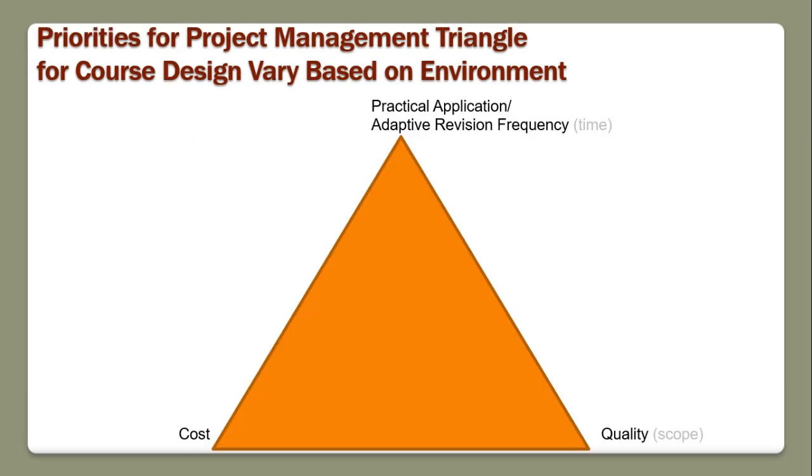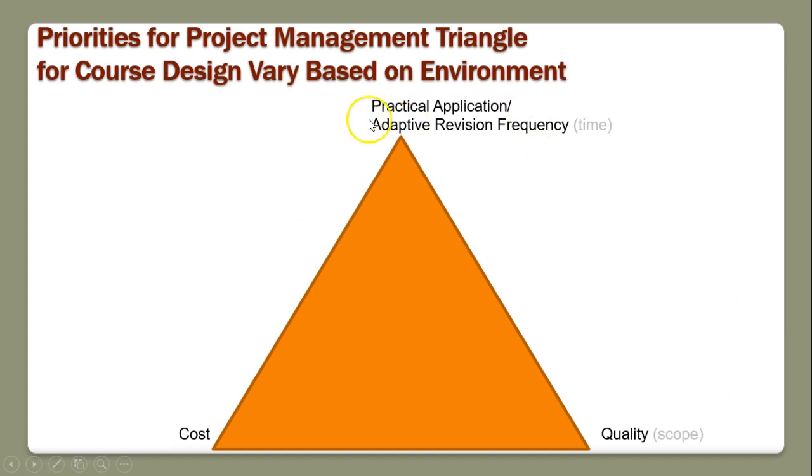Another example I'm going to use is the project management triangle, often called the iron triangle. In project management, you can pick 1 or possibly 2 factors to try to optimize on, but you can't have all 3. You can never have something that's cheap, quick, and high quality, right? So here I've renamed some of these things, and you have to figure out where in the triangle you're gonna exist.